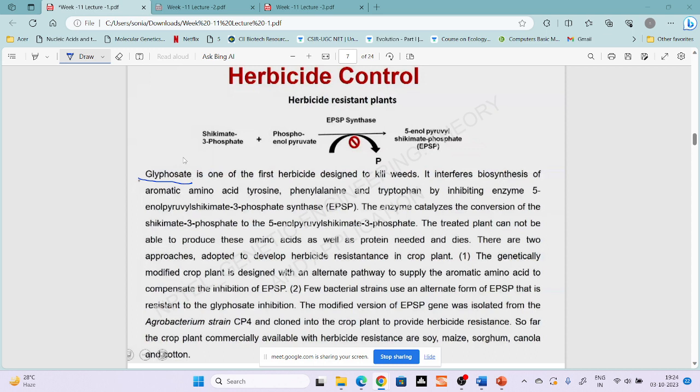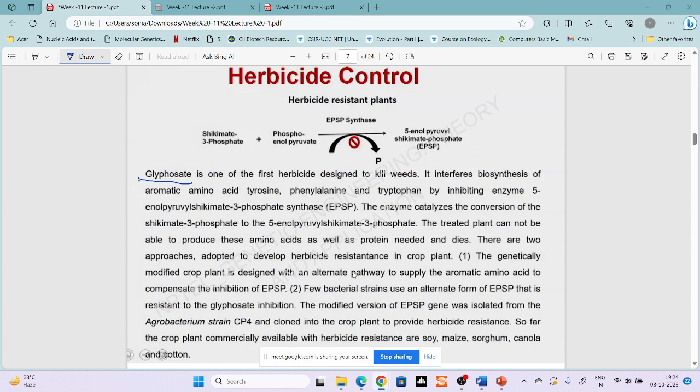And the second strategy was to use an alternate form of EPSP that is resistant to glyphosate inhibition. So basically they are making the plant in such a way that even when you are spraying glyphosate, the plant is not getting killed; the plant will survive.